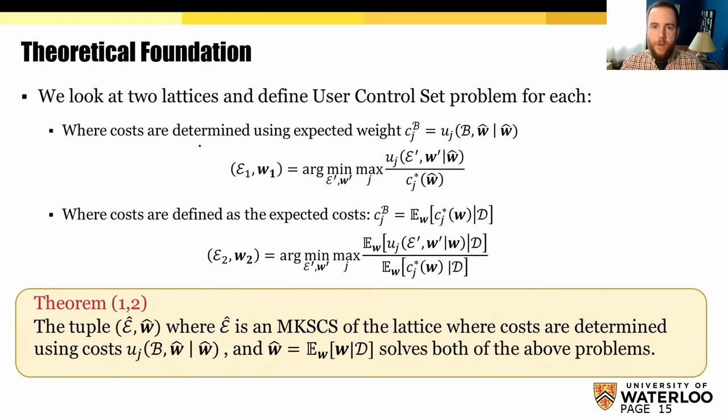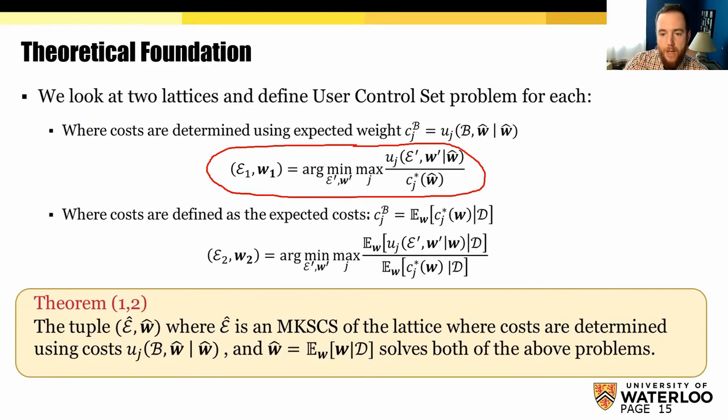Now, because W star is not known, the original problem is unsolvable. We consider two estimations. The first estimation is where the value of the true user weight W star is replaced with the plug-in estimator W hat. So essentially, the optimal user weight W star is replaced with the conditional expectation of W given a set of demonstrations.